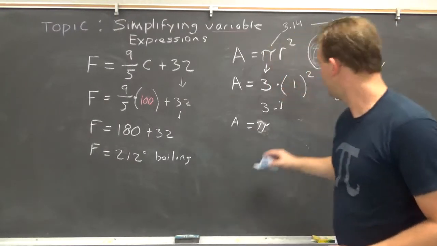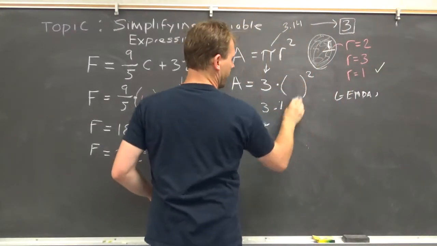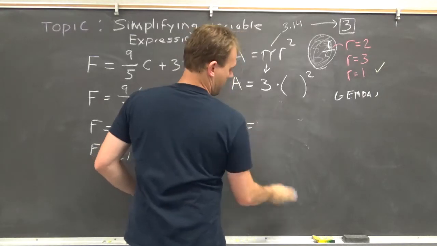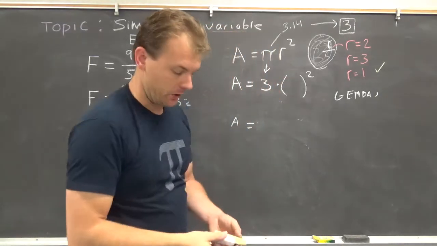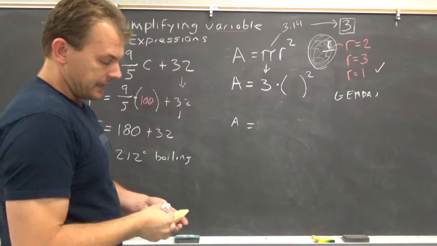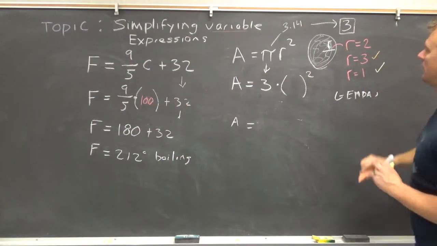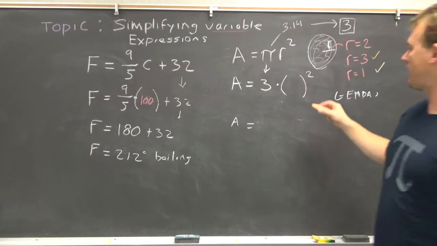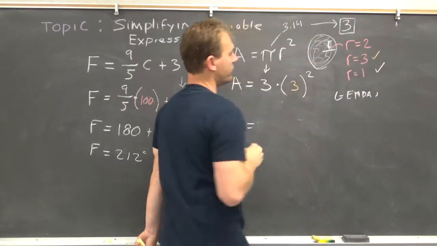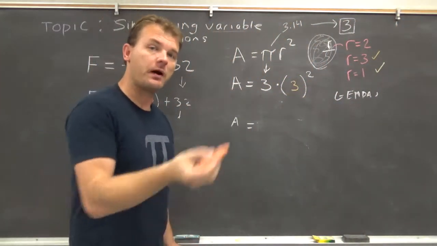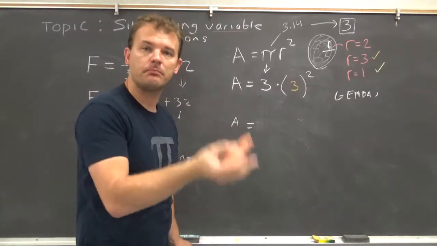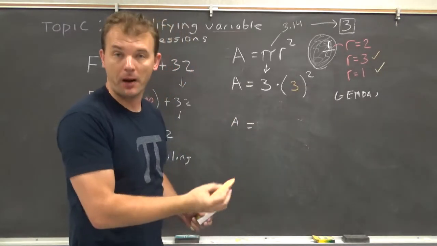We got that. So now, I'm going to just erase this because I'm trying to save some time and some space for you. Well, what's our next number? Our next number is going to be 3. So what if I put 3 now in there? And do my order of operations, PEMDAS.